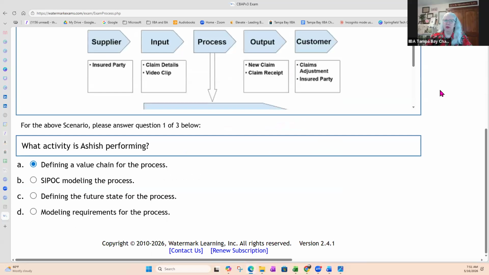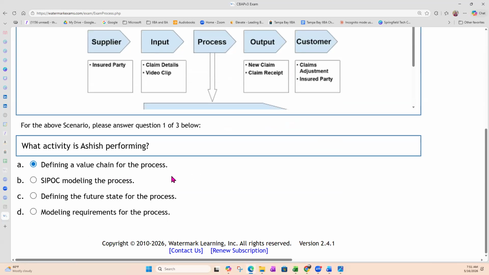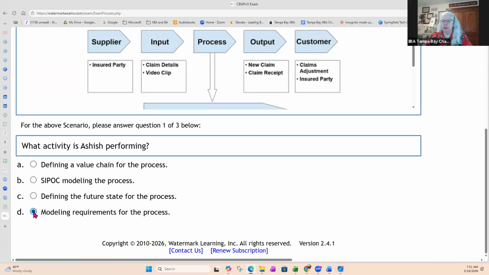Okay. So, Gabrielle, what do you think is the correct answer? Modeling the requirements for the process. Did you say modeling requirements for the process? I couldn't understand you, Gabrielle. Can you say it again, please?